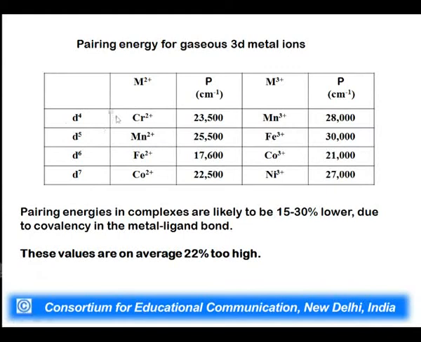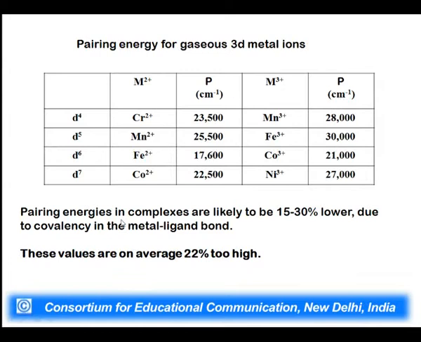It is seen for a d4 system, the chromium 2 ion and manganese 3 ion, the pairing energy has increased from 23,500 centimeter inverse to 28,000. This kind of trend is very common. You can also see some variation in the d4, d5 and d6, d7 systems, but this appears to be more random.